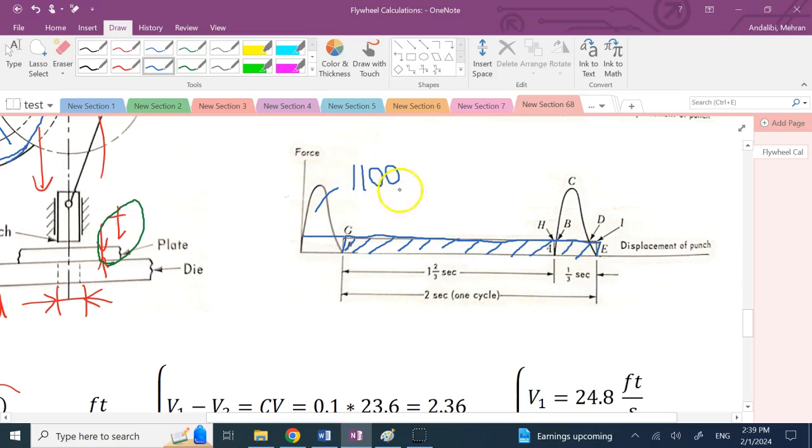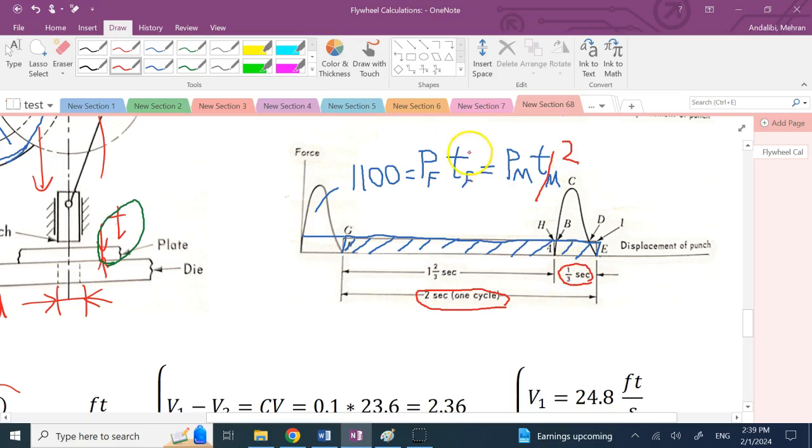That 1100 pound force feet is equal to the power of the flywheel times the time that the flywheel has to inject it. It's also equal to the power of the motor times the time that the motor has to inject that energy into the system. And as you can see, the time that the motor has is 2 seconds, but the time that the flywheel has is only 1/3 of a second.